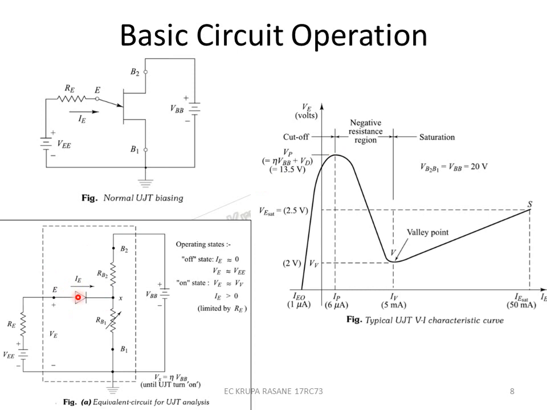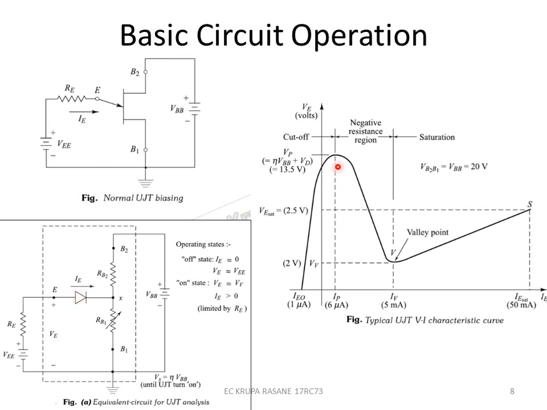Normally, in a PN junction diode we say 0.7, a drop of 0.7 has to come before it becomes forward biased. But here in the UJT, this diode being internal, the drop varies from 0.5 onwards till 0.8.